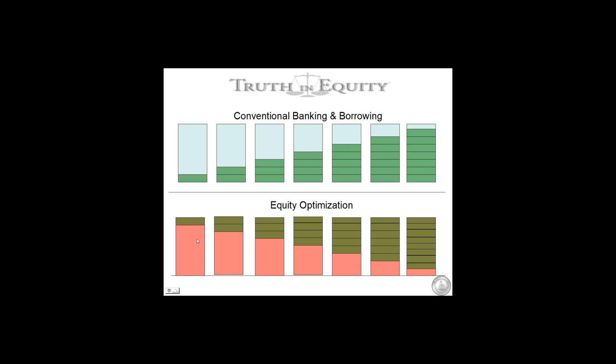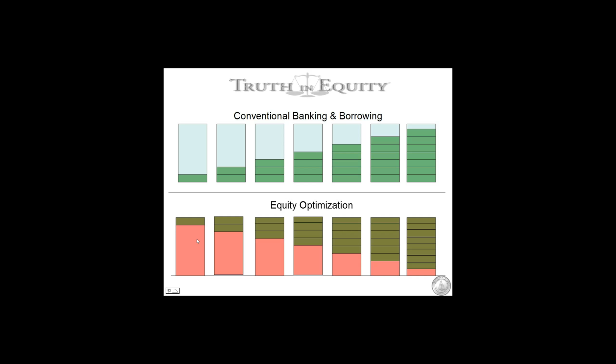What it does on the debt side is your income is either saving you interest or paying back the debt. 24/7, the income's working against the debt, versus above the line on the banking and borrowing side, where it's not doing anything. It's just accumulating, and the bank is using that for their purposes.